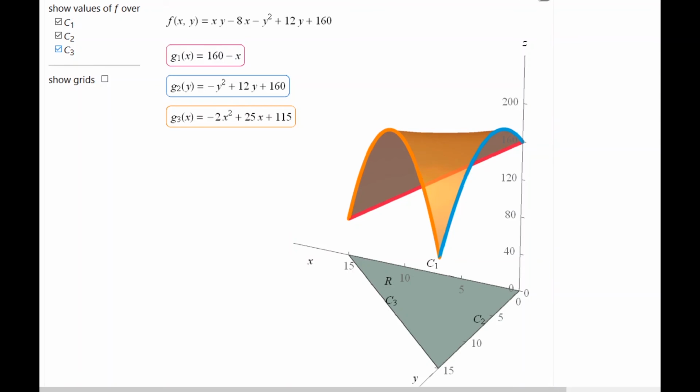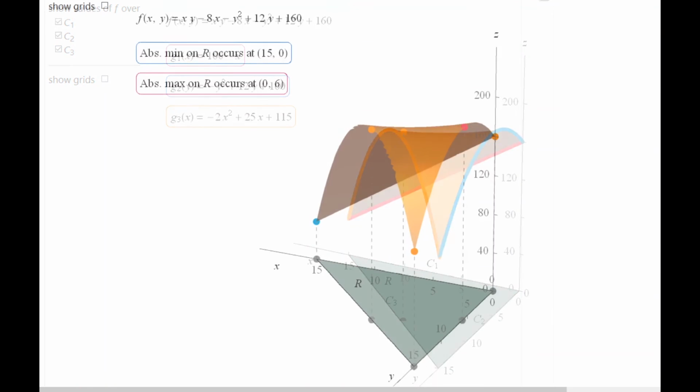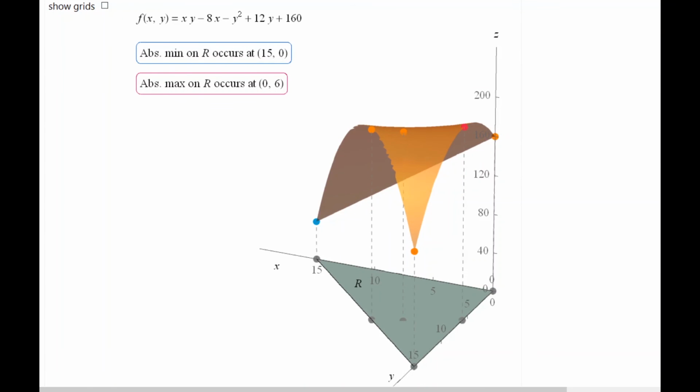So these colors that you're seeing: the red is the boundary function on C1, the blue is the boundary function on C2, and the orange is the boundary function on C3. And after gathering all the different types of candidates for the absolute extrema and comparing, we see here in blue the absolute min.